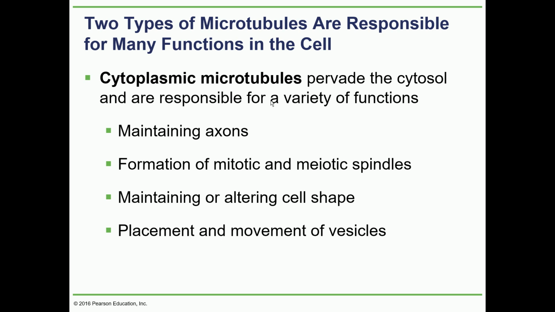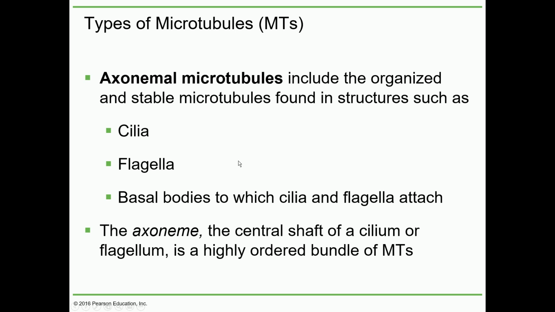Cytoplasmic microtubules are responsible for maintaining axons, formation of mitotic and meiotic spindles, maintaining or altering cell shape, and placement and movement of vesicles. Axonal microtubules are found in structures like cilia and flagella, and also the basal bodies to which the cilia and flagella attach.